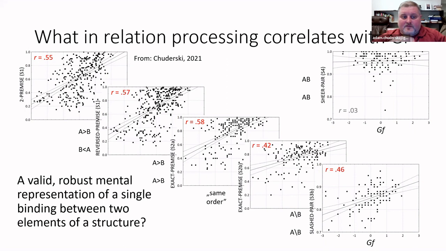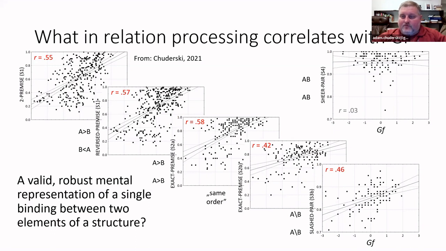So we interpreted this result as some evidence that actually it's not the complexity of relation that drives the correlation with working memory and cognitive ability, but even representing a single binding between two elements of a structure is crucial.